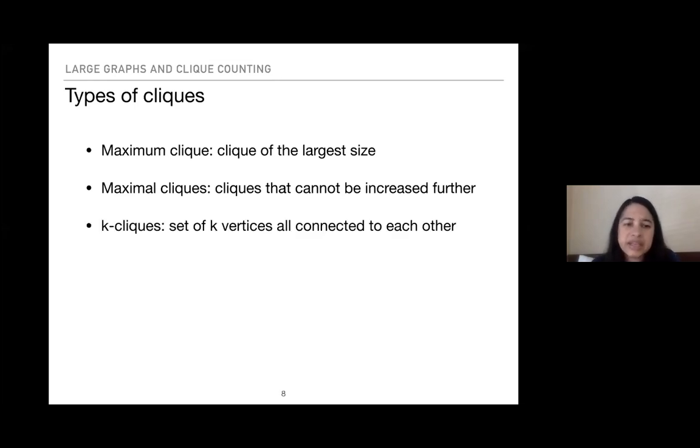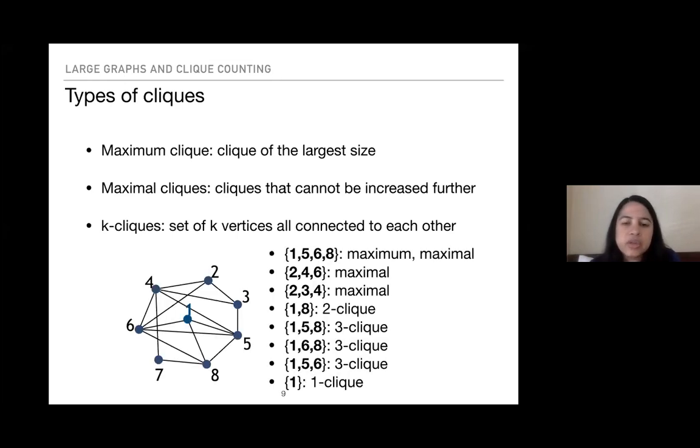And then there are k-cliques. A k-clique is simply a set of k vertices all connected to each other, and this k-clique could be sitting inside another bigger clique. Just to give an example, here I have a toy graph and I have listed the maximum clique, some of the maximal cliques, and some cliques that are not necessarily maximal.